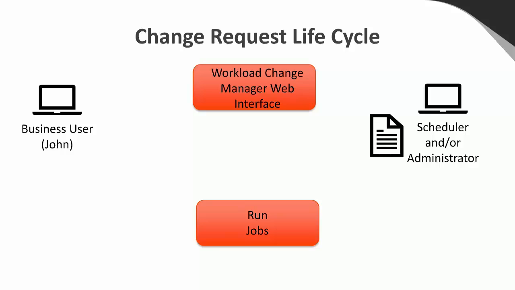The scheduler or administrator can create site standards to standardize business processes which comply with your organization's policies. In your organization, the Control M administrator and scheduler may be the same person or two different roles.